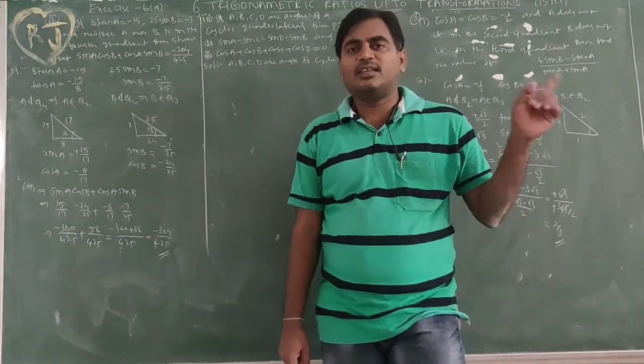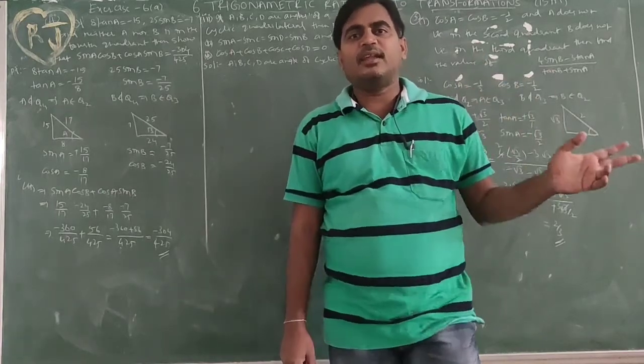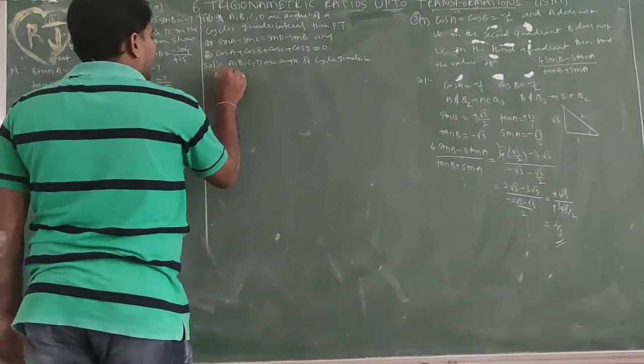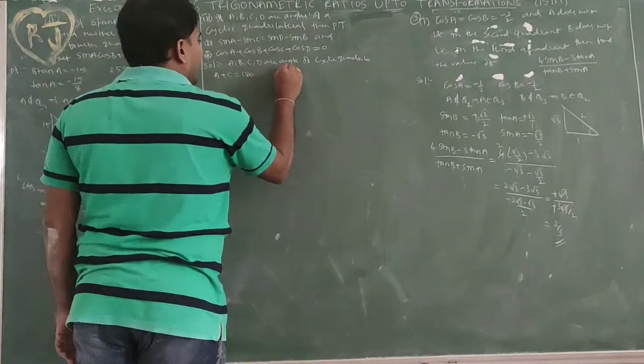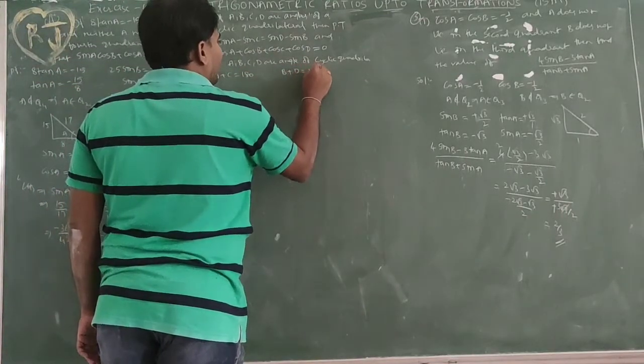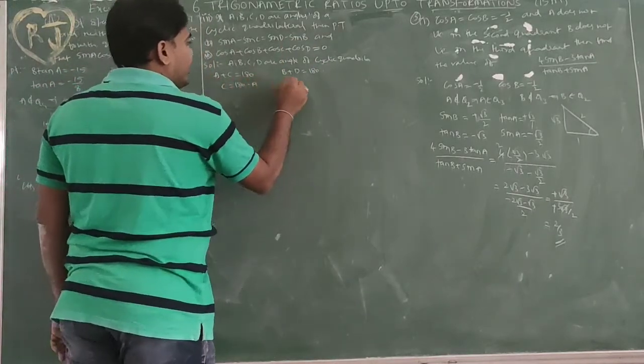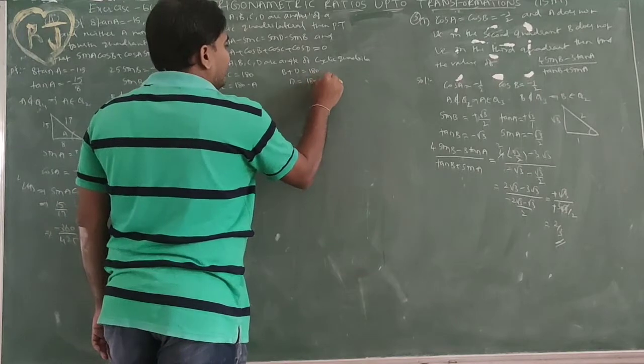What are the opposite angles? A and C are supplementary, B and D are supplementary. So A plus C equal to 180, B plus D equal to 180. So C equal to 180 minus A, D equal to 180 minus B.